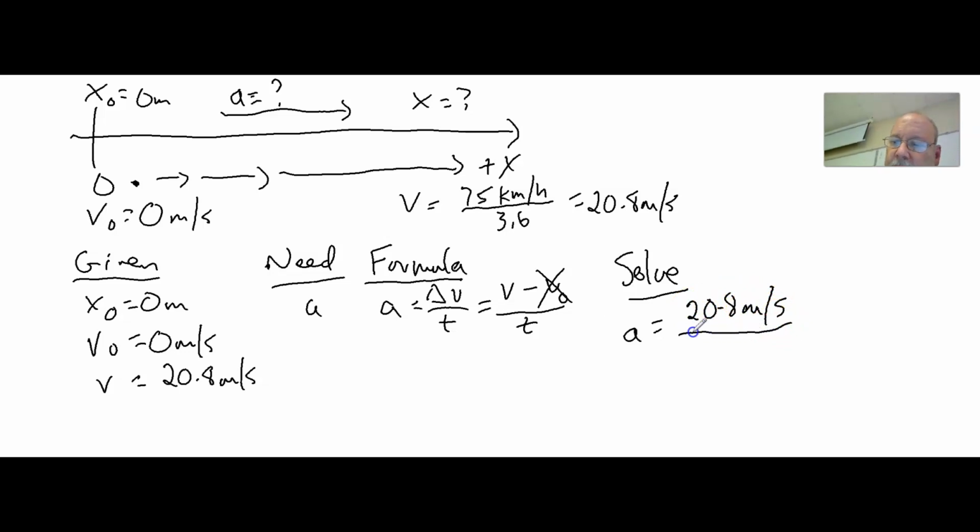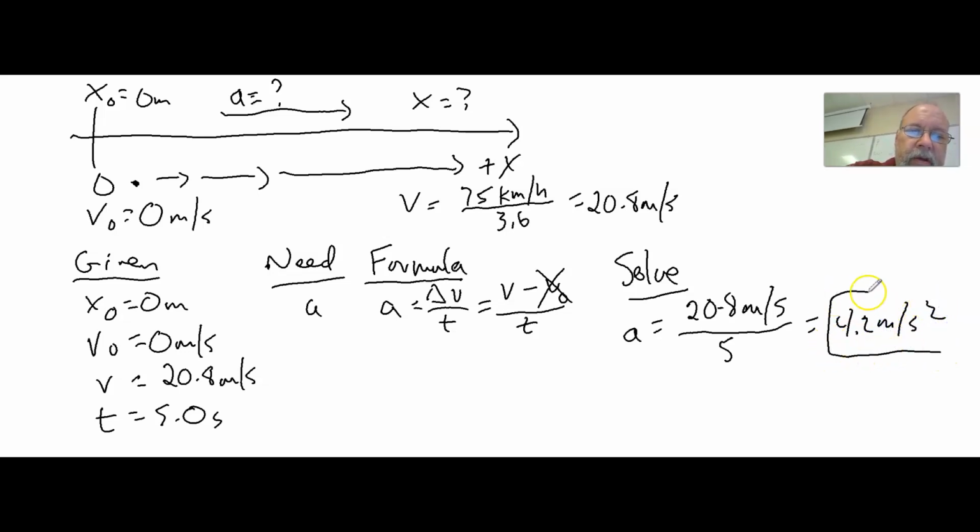And I'm going to divide by the time. Oh, I forgot to put time in my given, 5.0 seconds, divided by 5 seconds. And that equals 4.2 meters per second squared. Okay, so that's the answer to this problem. Go ahead and go to the next one.